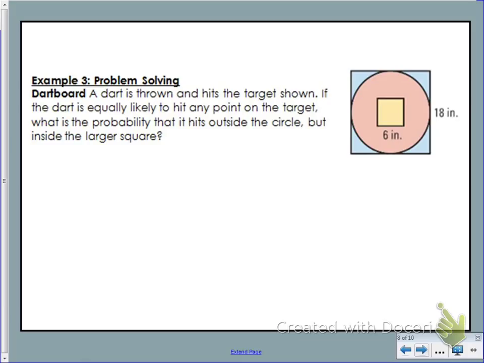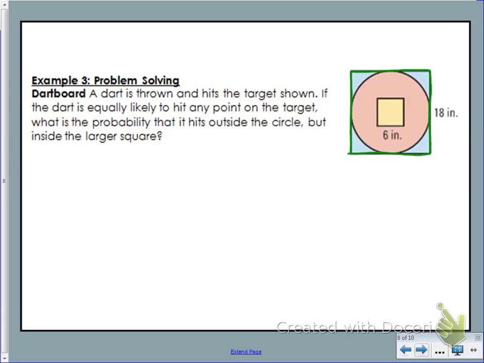Example 3. A dartboard is shown, so a dart is thrown and hits the target shown. If the dart is equally likely to hit any point on the target, keep in mind the target includes everything inside of this square. What is the probability that it is outside the circle but inside the larger square?